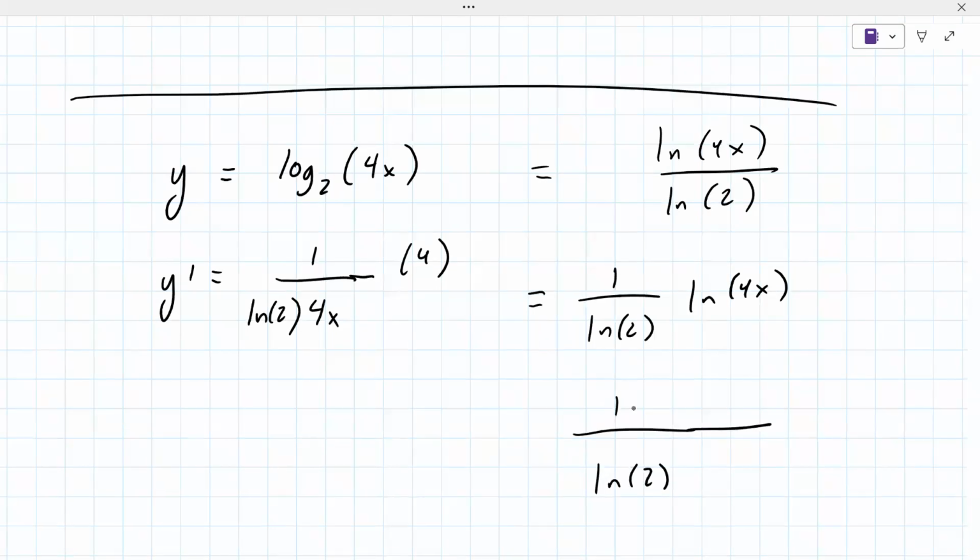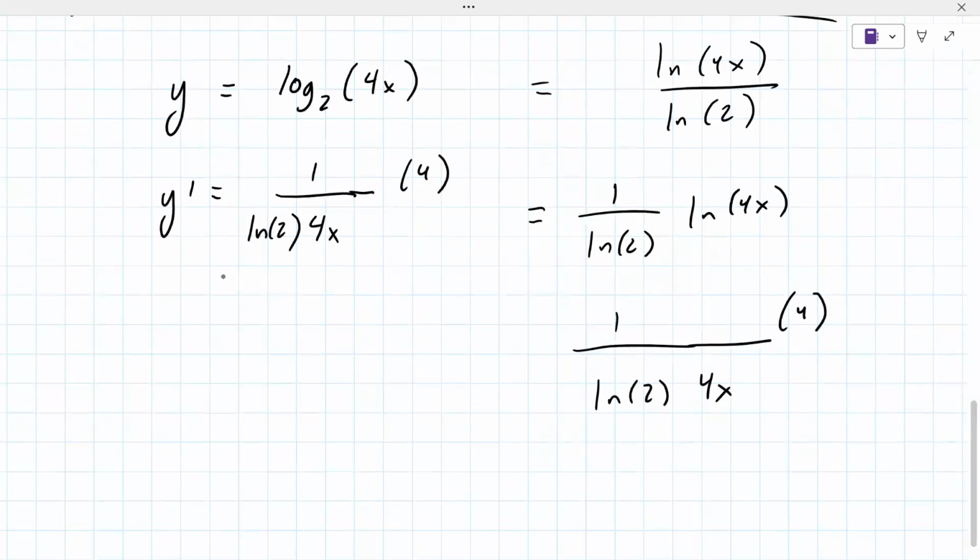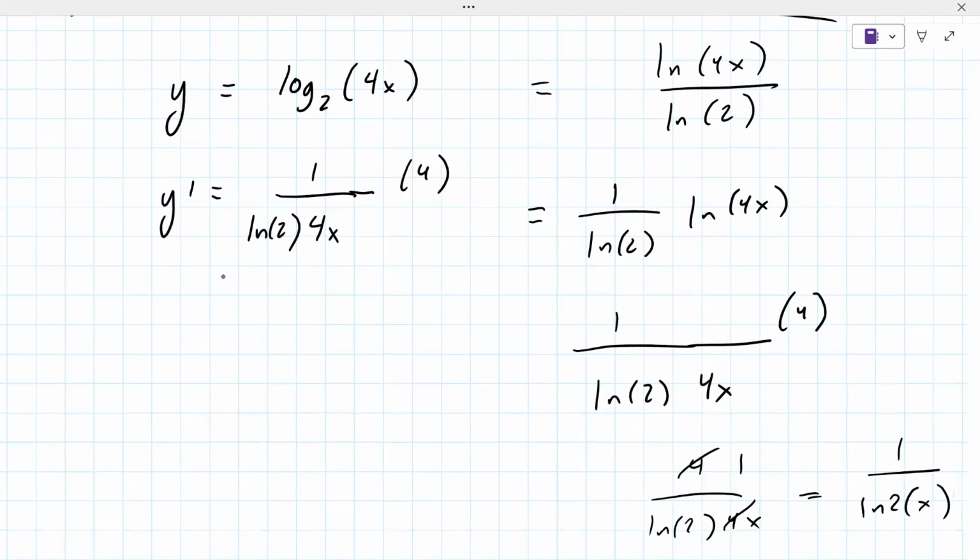It's over 4x times the derivative. But you can see, trying to make the case here, it's a lot more work. The fours cancel, you get a 1 on top, so it's 1 over natural log of 2 times x.